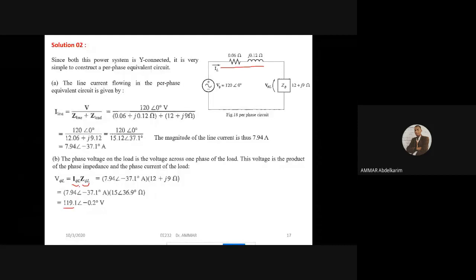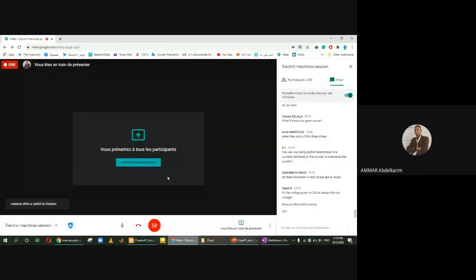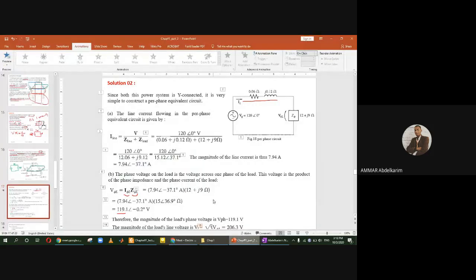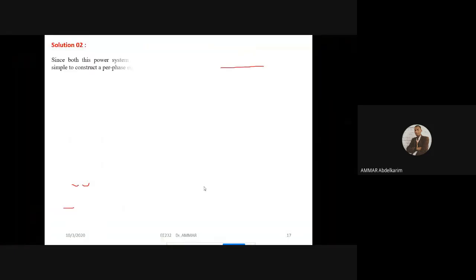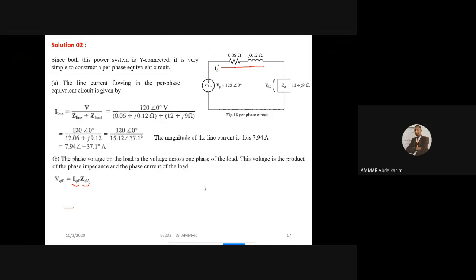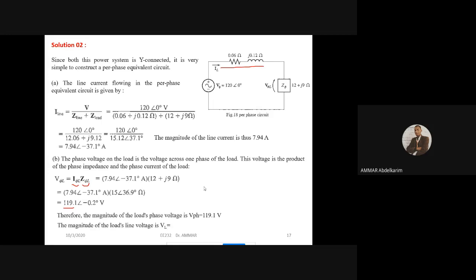So it's a bit less than the voltage of the source, because we have a voltage drop due to the transmission line.